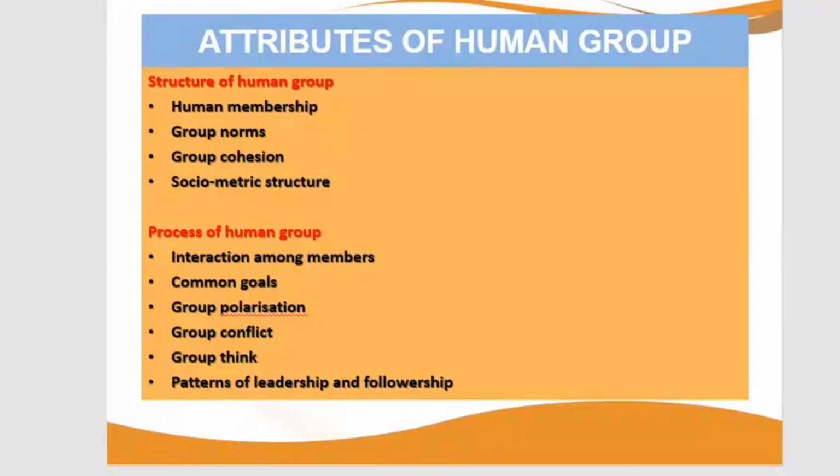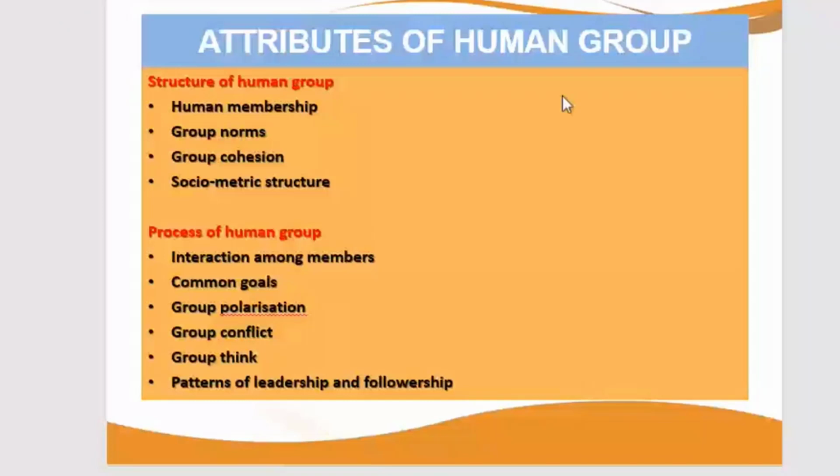Remember, with attributes of human groups, what makes the group? Differentiation and interaction. Differentiation, that is social stereotyping as well as social identity. Differentiation, how can you categorize the group? How can you break the groups down?